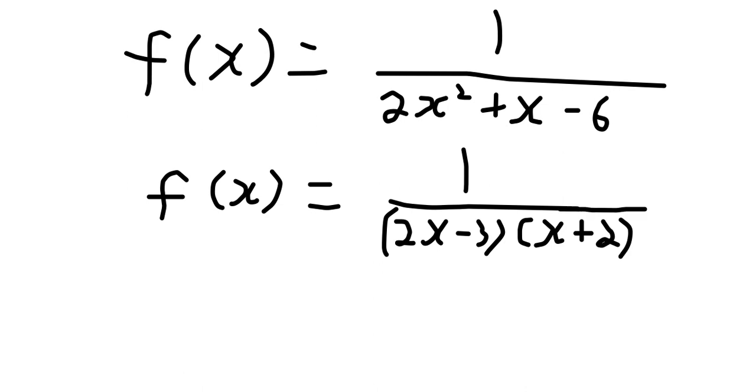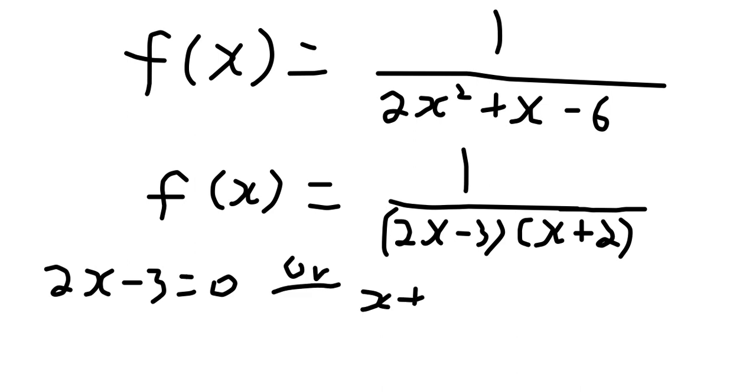Okay, now there are two x values that will make the denominator equal to 0. That gives us two distinct poles. Our denominator is 0 if 2x minus 3 is 0, or if x plus 2 is 0. So these are our vertical asymptotes, our VAs.